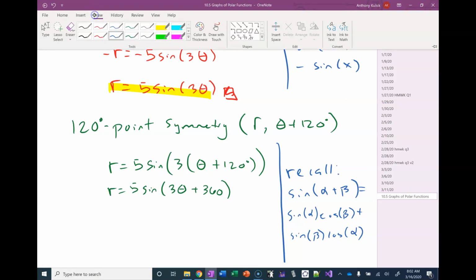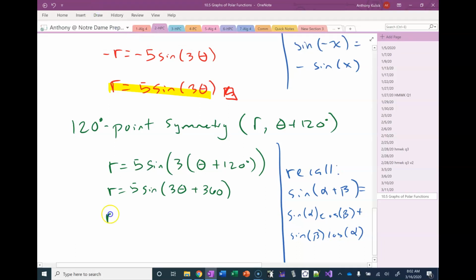I think that was back in chapter 6 that we talked about those, but I'm going to apply that property now. Didn't leave myself quite enough space there. So when I apply that sum rule for sine, I get this.